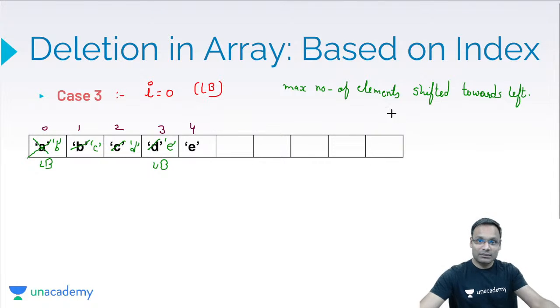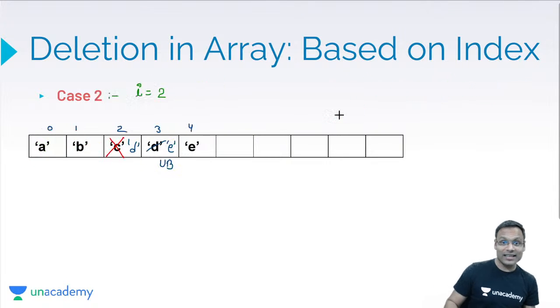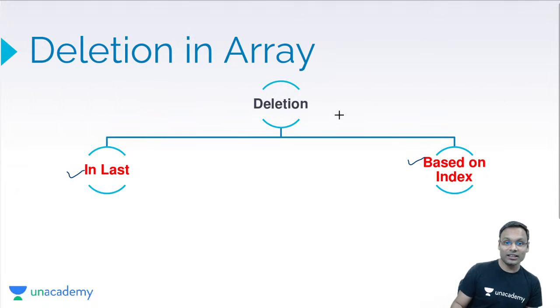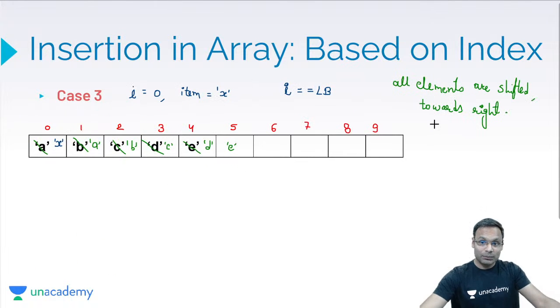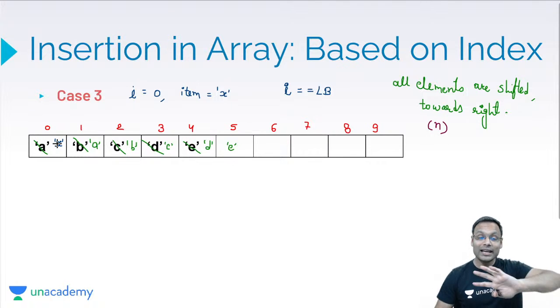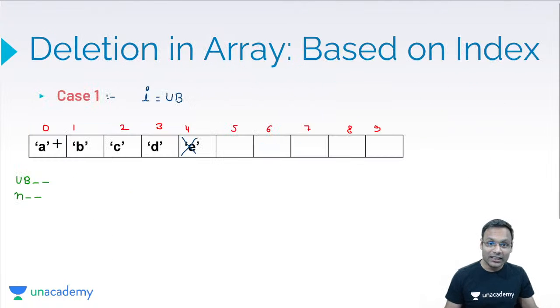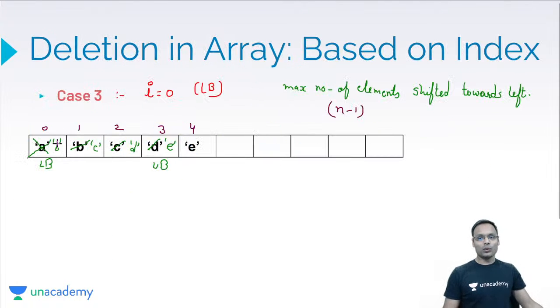And how many maximum elements? If we had n elements total, then n minus 1 elements shifted. In insertion's worst case, all n elements were shifted towards right to make space. Here there is no element missing for shifting, only n minus 1 elements shifted.